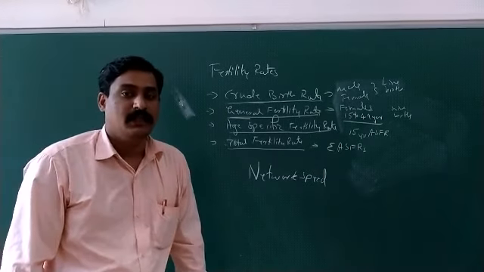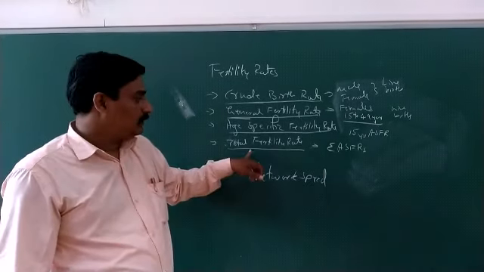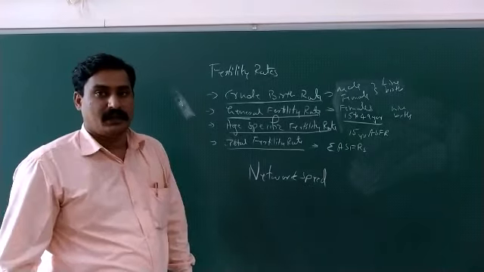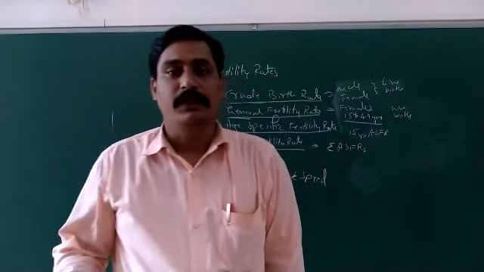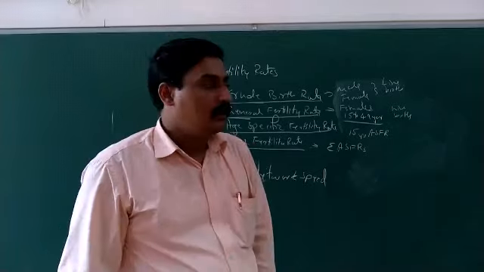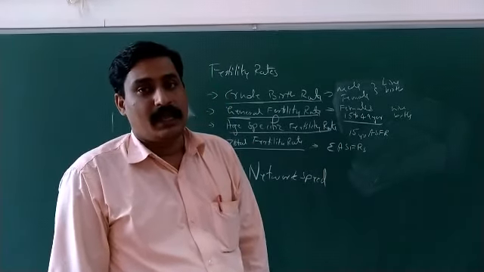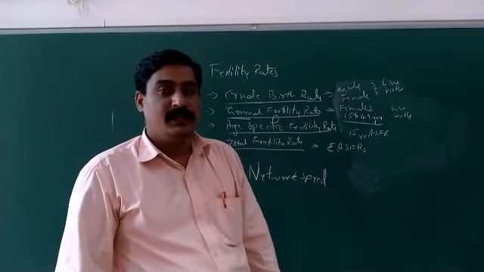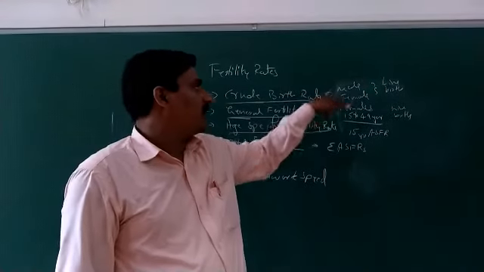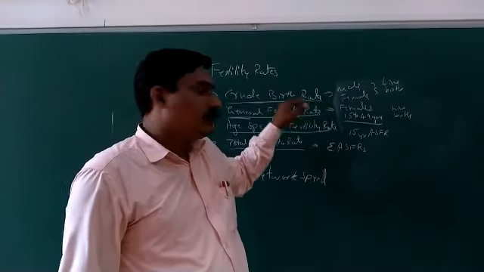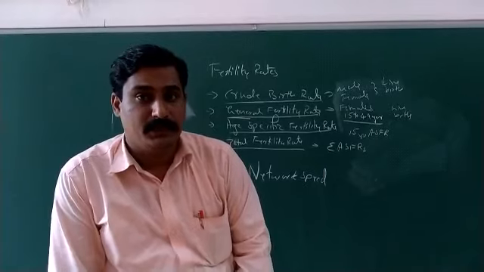We can compare with other locations by calculating TFR. Now let us learn them by solving a problem and taking a formula here. As I said, population fertility rate is calculated per thousand. So ASFR here, crude birth rate per thousand individuals.